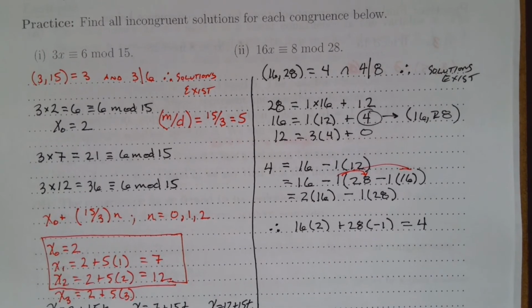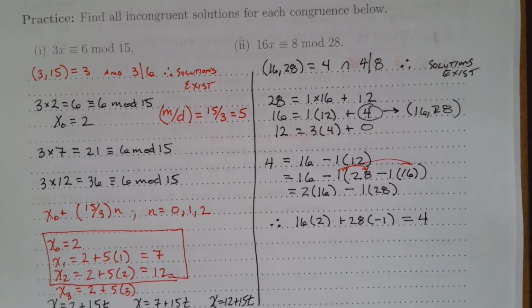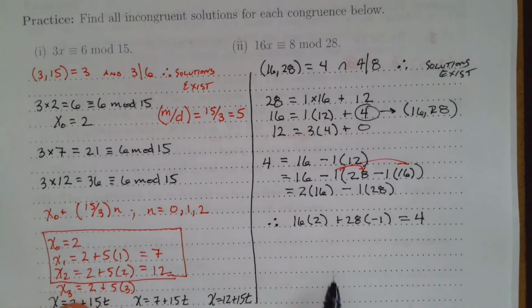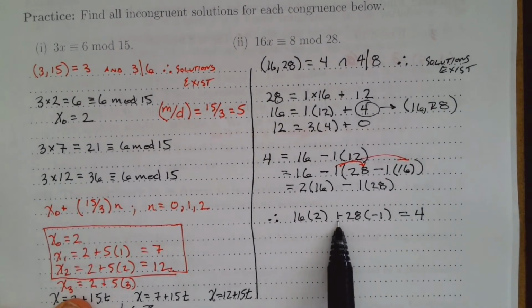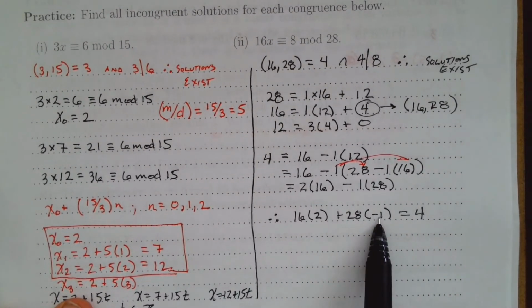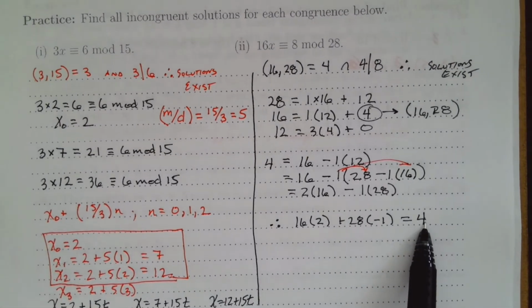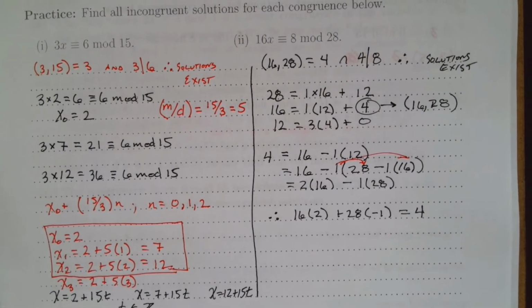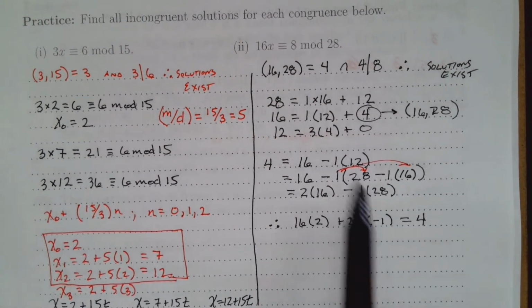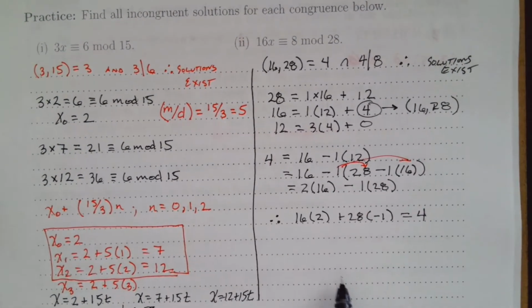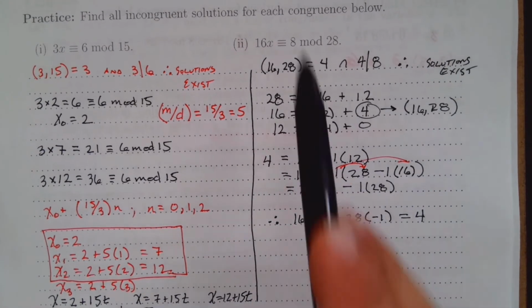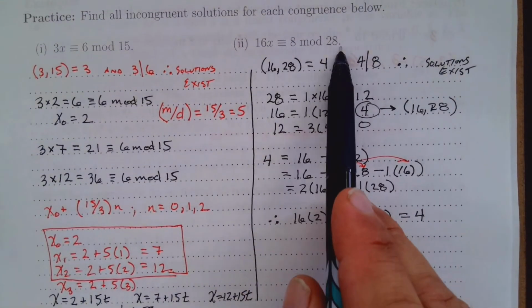Now, what does that tell me? If 16 times 2 plus 28 times negative 1 is equal to 4, then I have close to a solution to 16 times something being equal to 8 mod 28.